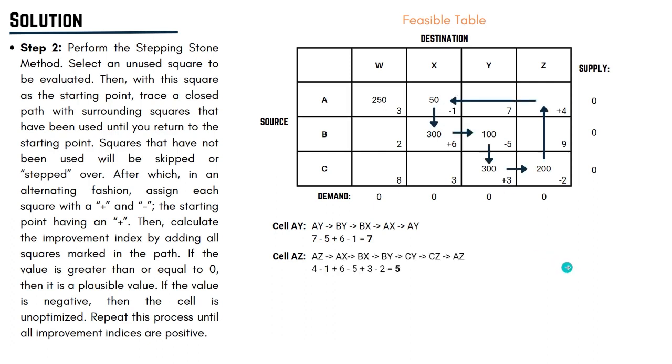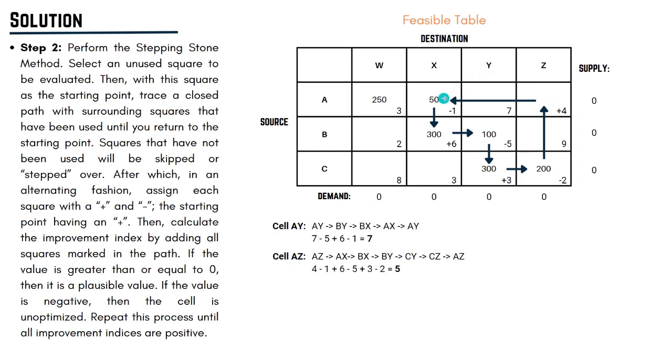For example, in this case, we can go from cell AZ to cell AX, which I did, or we can also go from cell AZ to cell CZ, which makes no difference. For this case, we went from cell AZ to AX, then down to BX, BY, CY, CZ, and back to AZ.